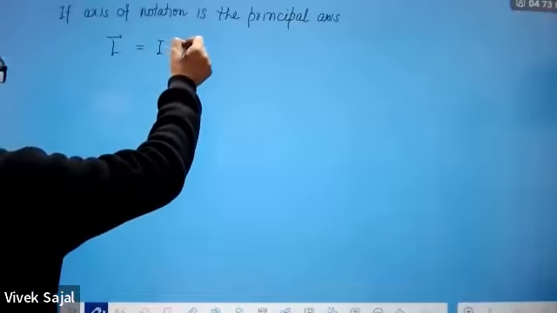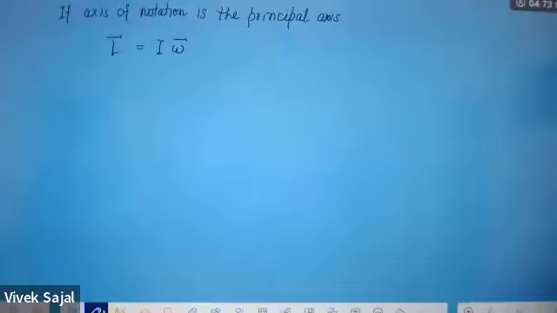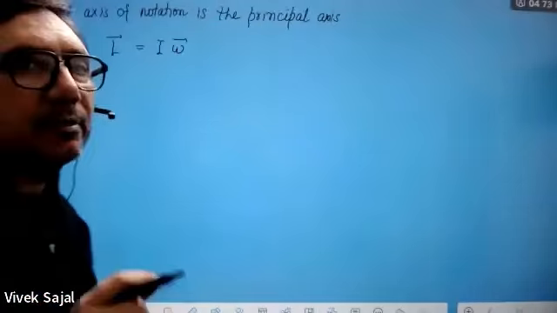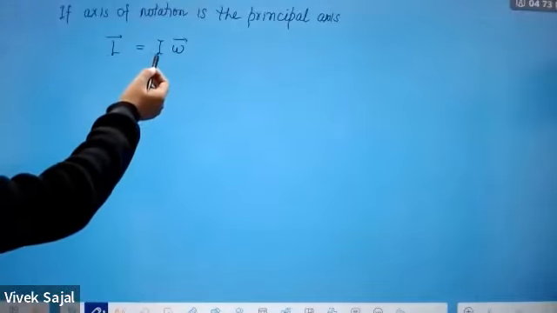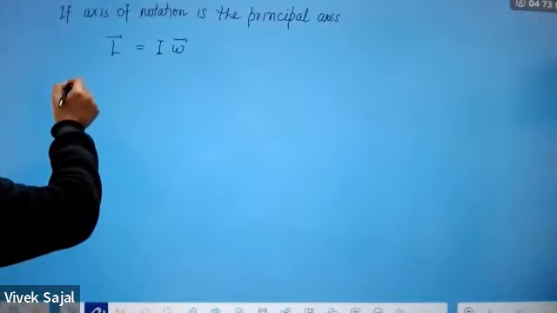But if the axis of rotation is not a principal axis, in that case you have to use here the moment of inertia tensor.